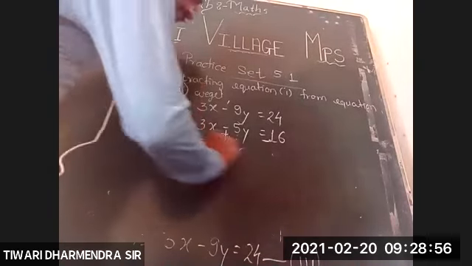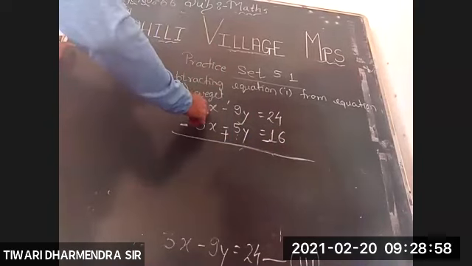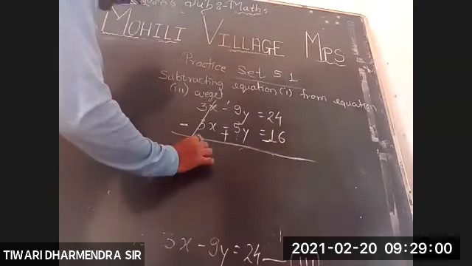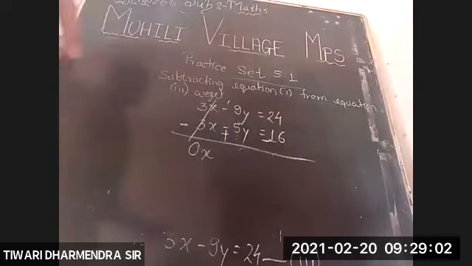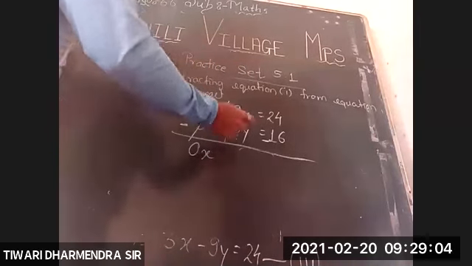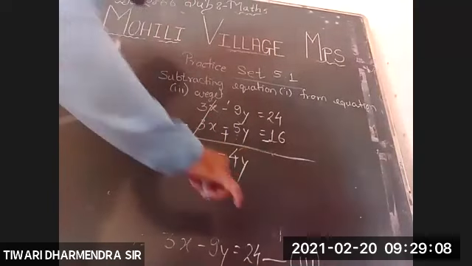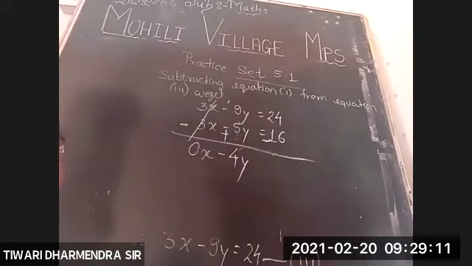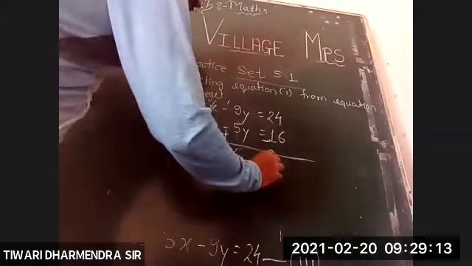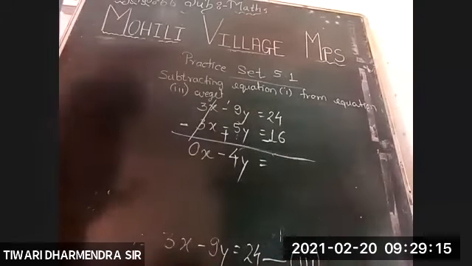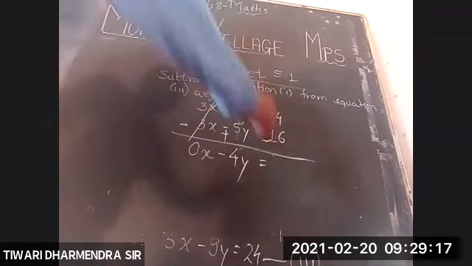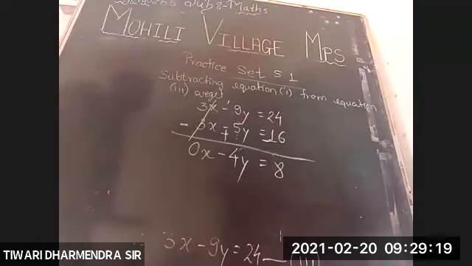So 3x gets cancelled. So what remains? 0x, minus 9y plus 5y is minus 4y, is equal to 24 minus 16 is 8.